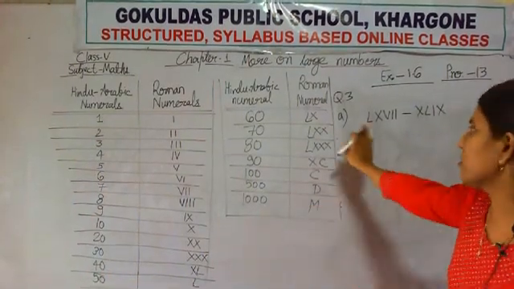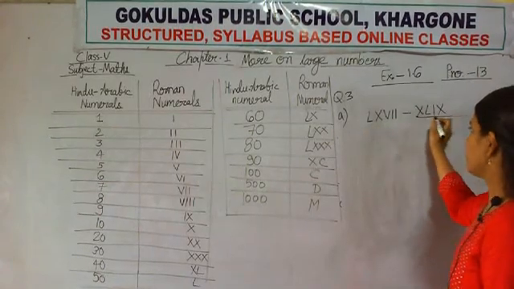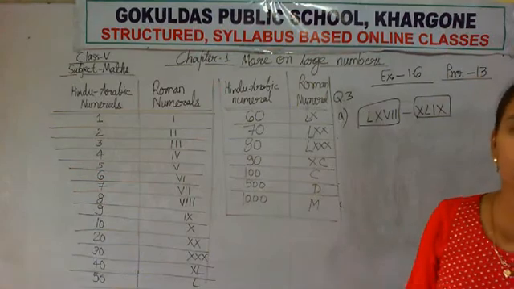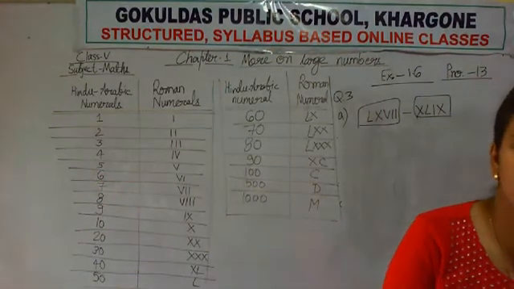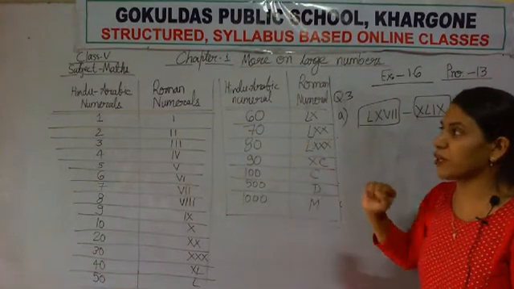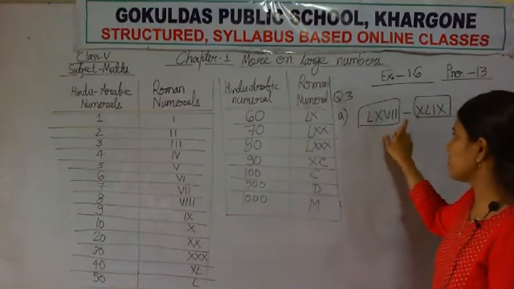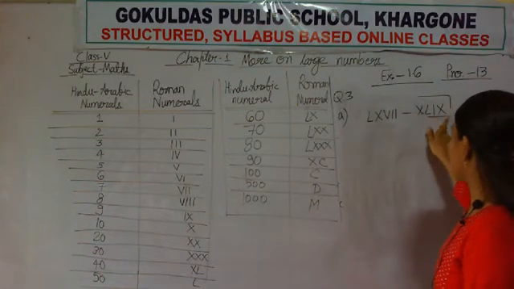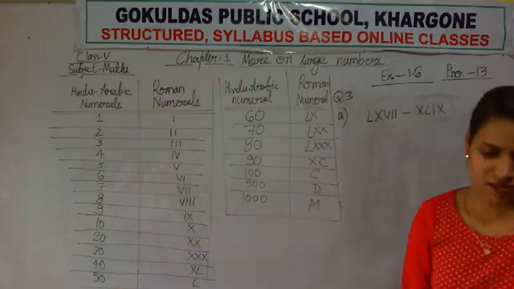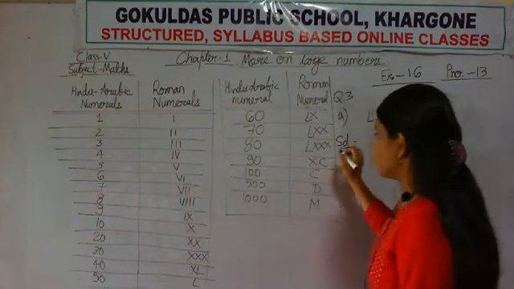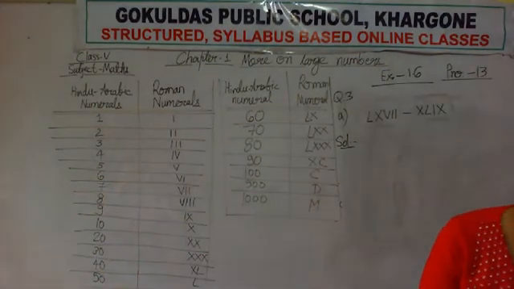You have to perform subtraction of these two numbers, the first number and the second number. So first you have to decode them into Hindu-Arabic numerals, because you don't know the meaning of XLVII and XLIX. So let's start doing it. Solution.